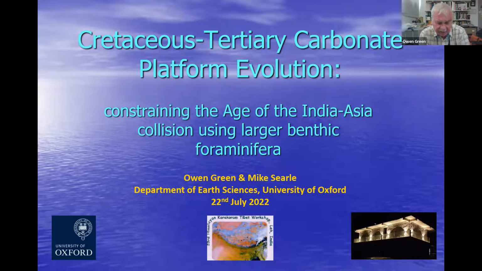And the assemblages can be used to define the spatial environments in which they occur and their geographic distribution. And stratigraphically, we hope to constrain ancient platforms as well. And in particular, as you can see from my title, I want to look at the India-Asia collision. Okay, so the next slide, please.